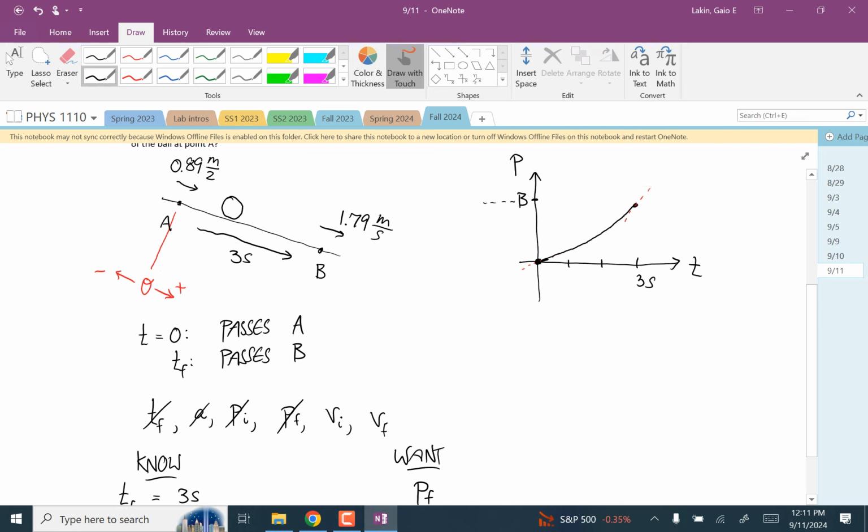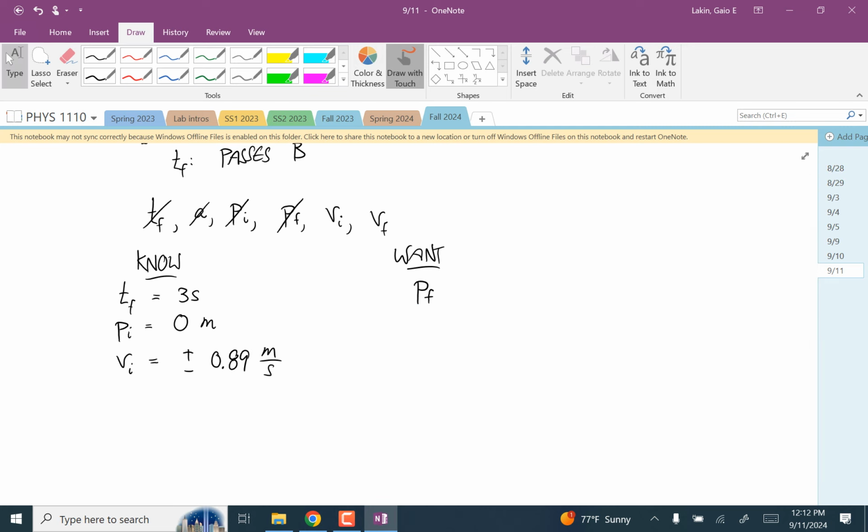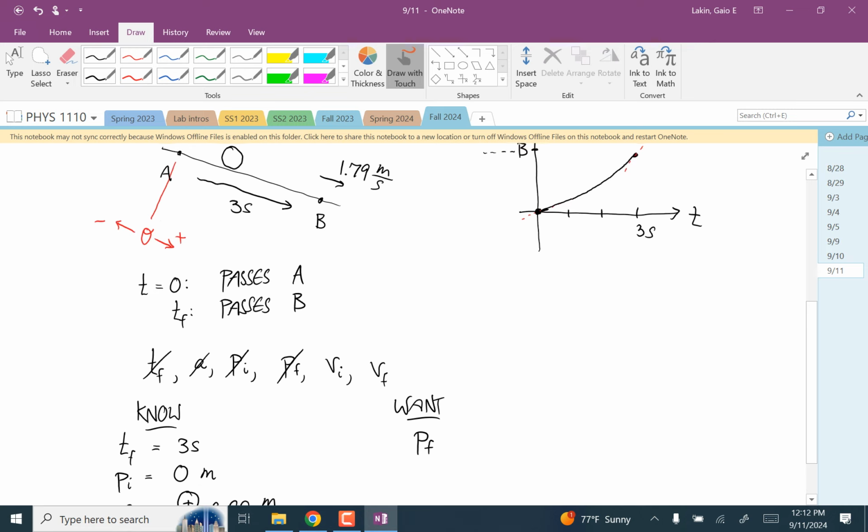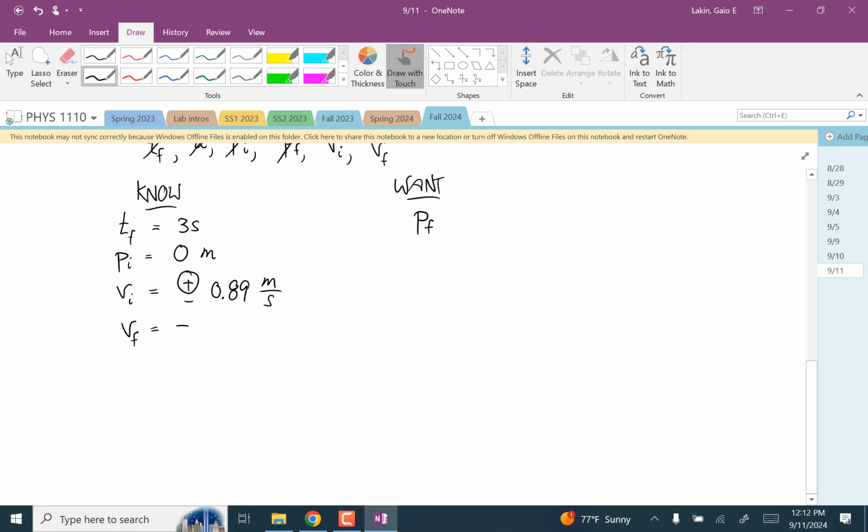So is this object at this instant moving in the positive or negative direction? Positive. And then for V final, when it passes B, we're going to have to think of it the same way. It's plus or minus 1.79. And is that one moving in the positive or negative direction? Positive. So, okay, here's what we have.